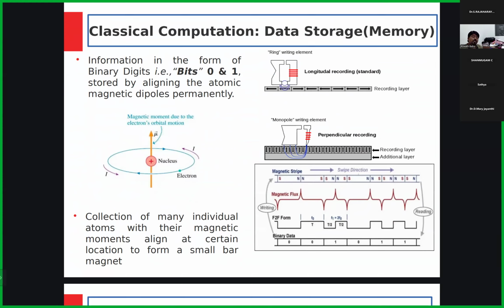Having understood classical memory, we can use that understanding to understand how quantum memory works. In that way we can connect the classical physics and laws you understood in the first session with the quantum computing introduction given in the second session, and understand how quantum computing is taking place these days.